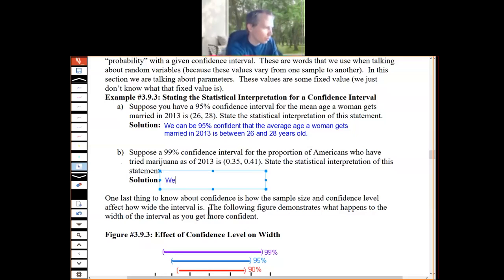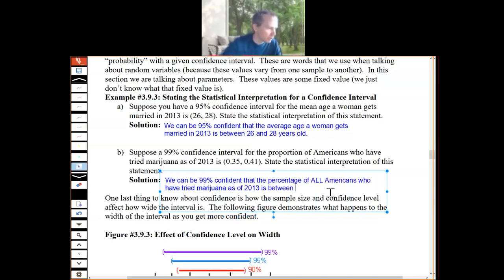So we can be 99% confident that the percentage of all Americans who have tried marijuana as of 2013 is between, and instead of writing these as decimals, 0.35 as a percentage is 35%.